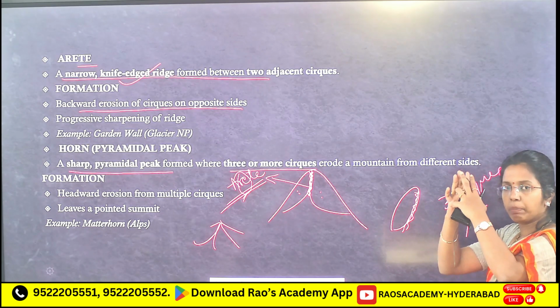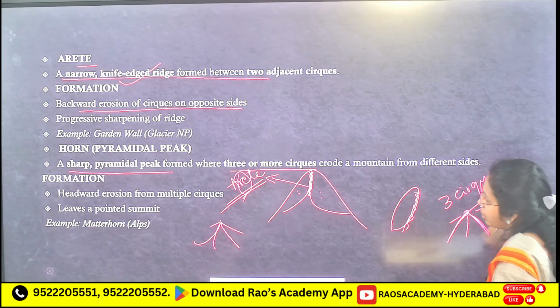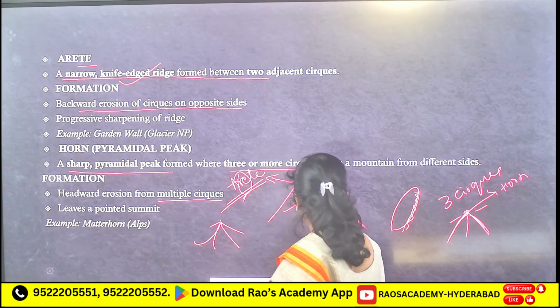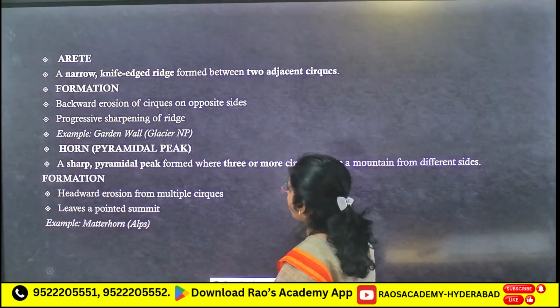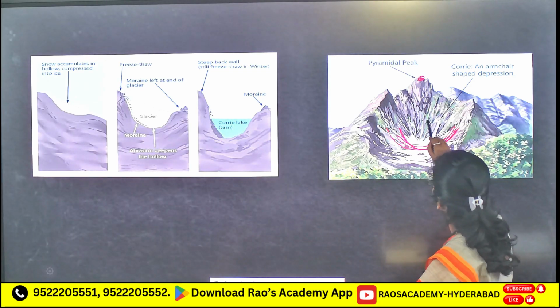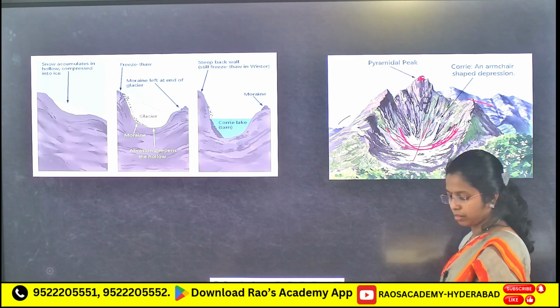At the tip, you will see a horn, a pointed structure, that is known as horn, formed by headward erosion from multiple cirques. Here cirque, here cirque, here cirque. Clear?